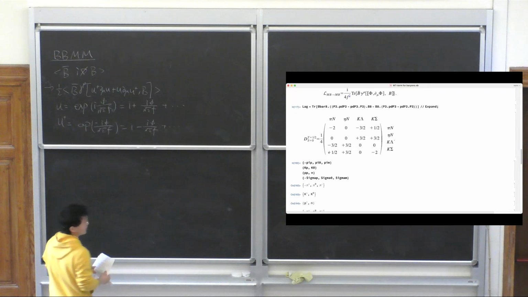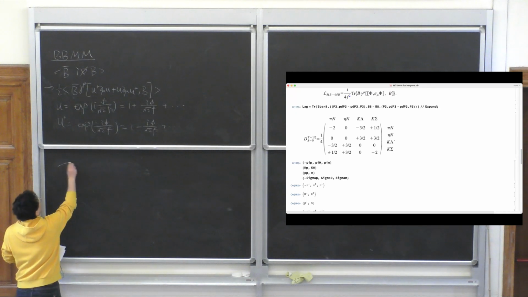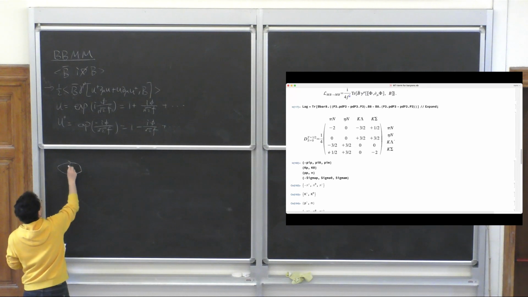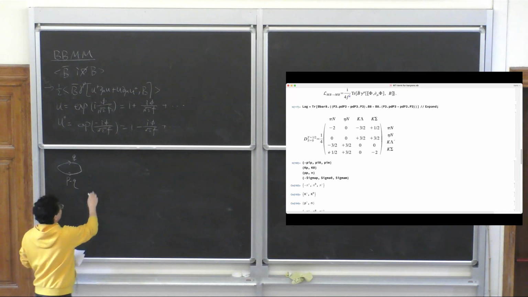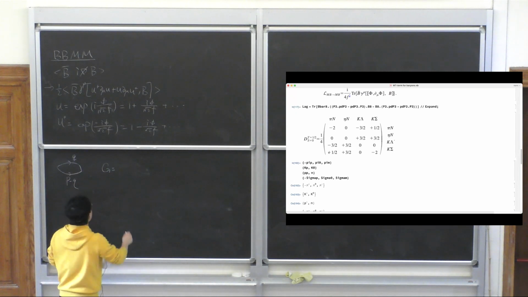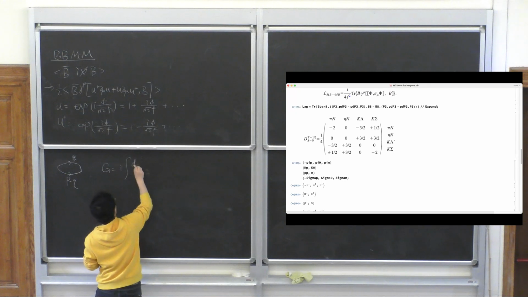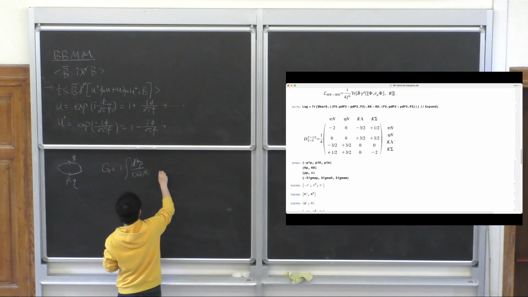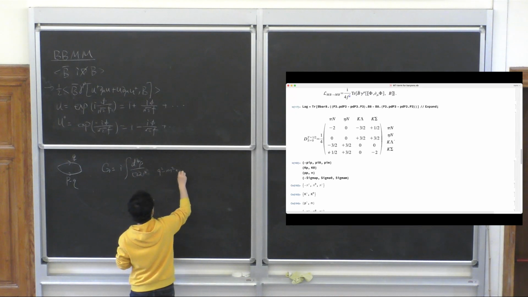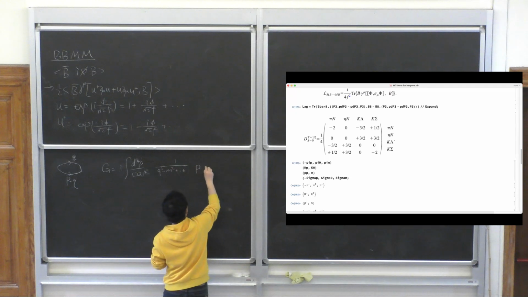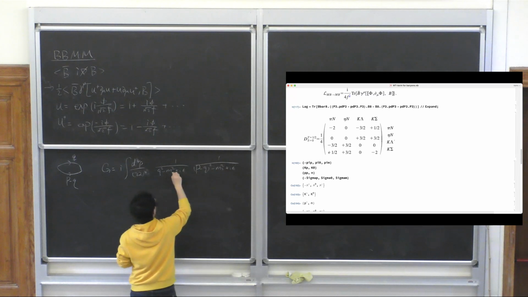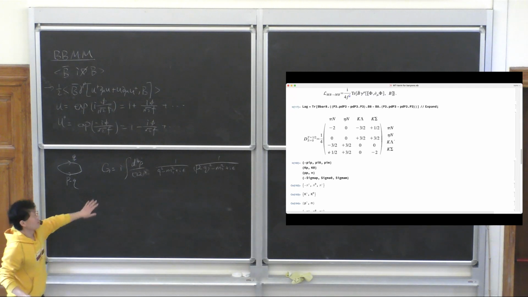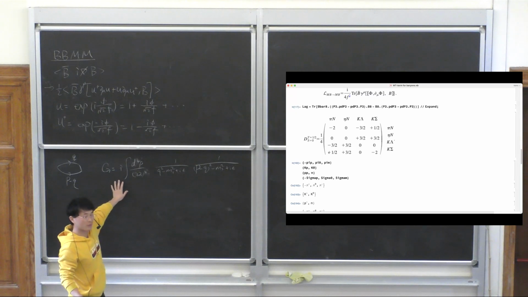Okay, the problem is to show that this loop function, also known as the propagator, has this expression.